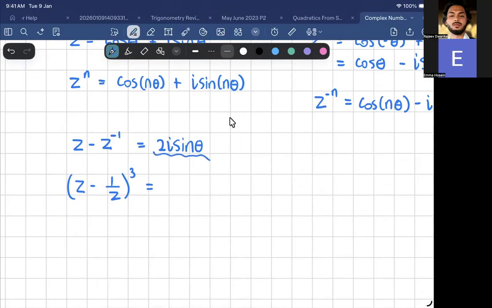If we look at this, we cube both sides. What's i cubed again? I think it's minus i. Correct, because i squared is minus 1, by i, minus i. So it's minus 8i sine theta. Sine to the power 3 theta.